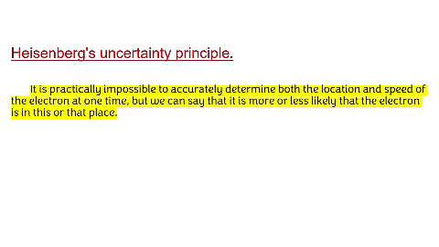I can never determine the speed and location of the electron around the nucleus accurately. I discuss it in terms of probabilities. No one can determine the accurate location and the accurate speed of the electron around the atom. This is one of the misconceptions, one of the drawbacks, one of the disadvantages of Bohr's atomic model.